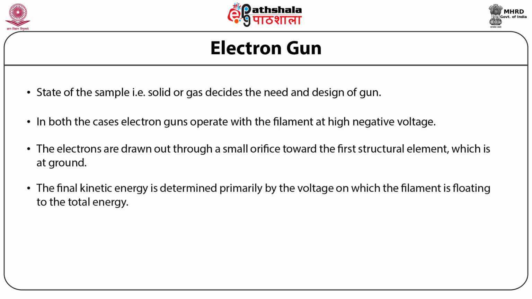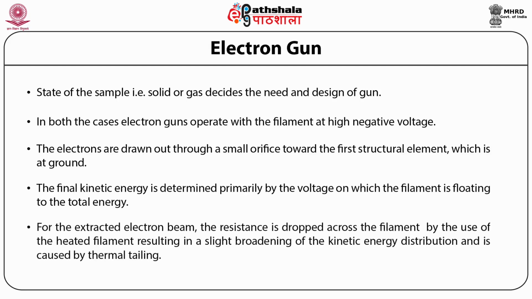The final kinetic energy is determined primarily by the voltage at which the filament is floating. For the extracted electron beam, a voltage drop across the filament due to the heating current results in a slight broadening of the kinetic energy distribution, caused by thermal tailing.